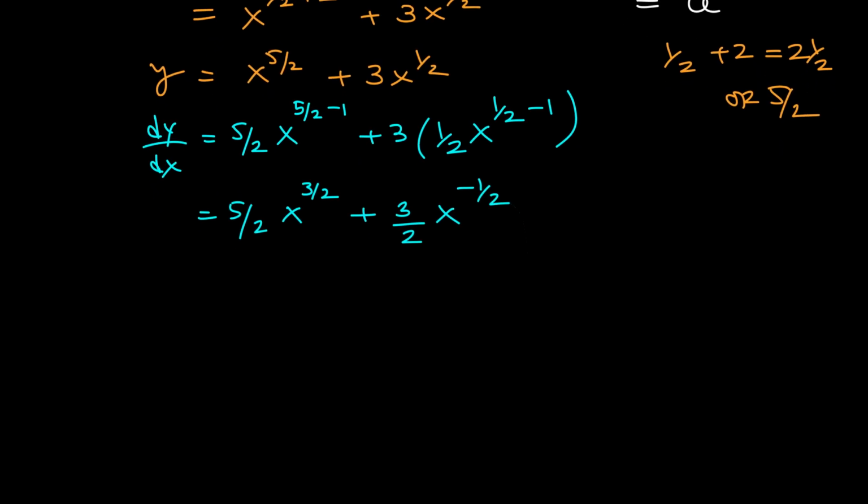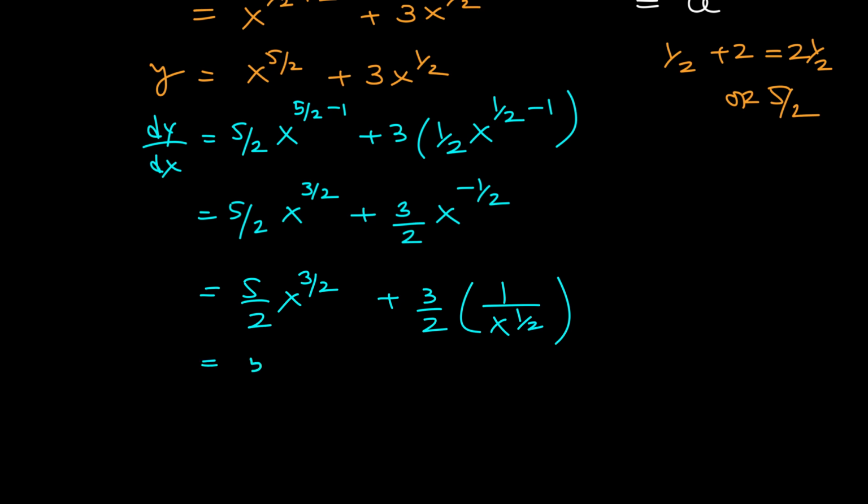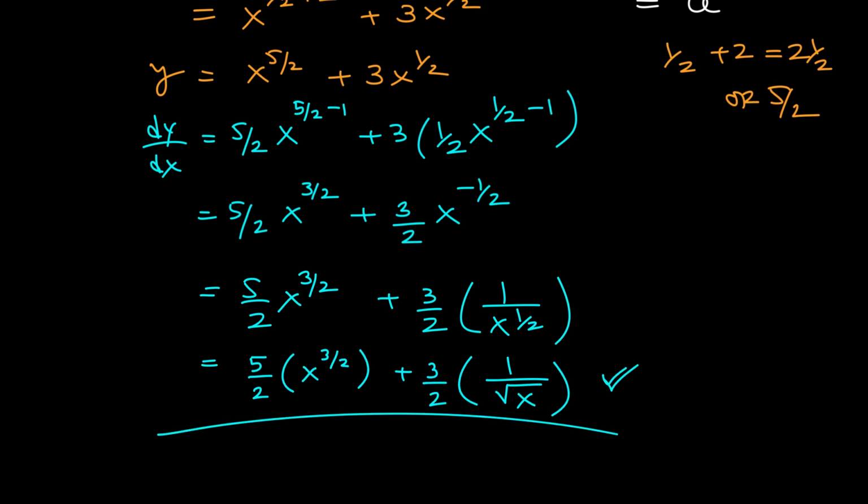Let's simplify a bit more. This is 5 over 2, x^(3/2), this is 3 over 2, 1 over x^(1/2). And the last step of simplification: 5 over 2 as it is, x^(3/2), 3 over 2 as it is, 1 over root x. And that is the final answer for this particular example.